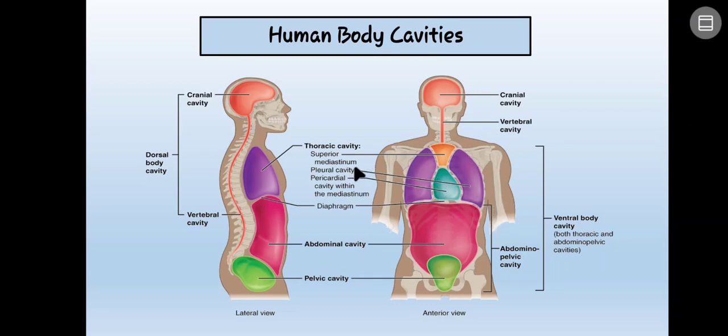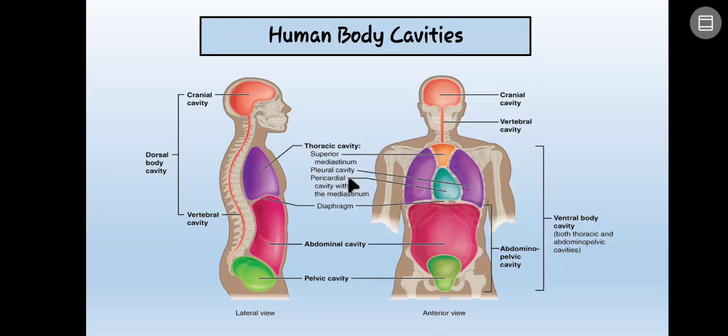And then we have the mediastinum. That is where we can find the heart. The mediastinum is just in between the lungs, but a little closer to the left lung. That is where the heart is located.